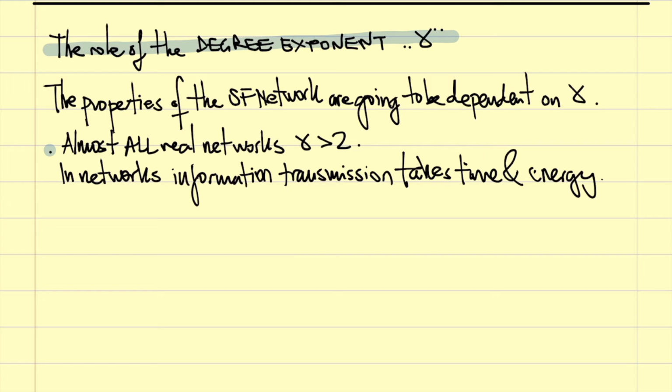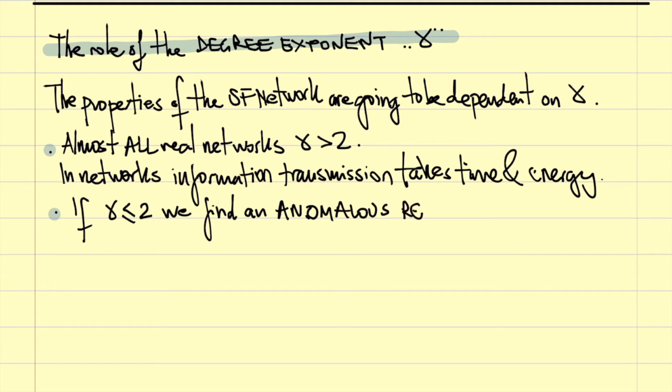Okay? If gamma is smaller or equal to 2, we find an anomalous regime.